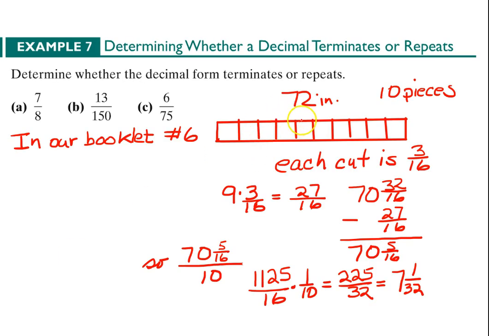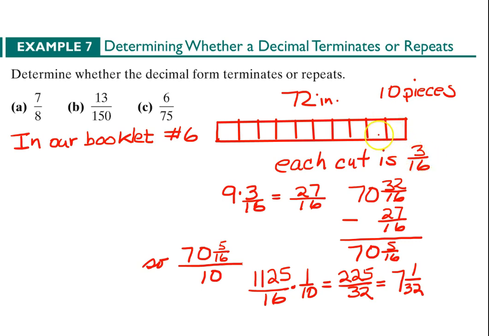Now, I do have a number 6 in the booklet, so I've kind of written it up here. We have a piece of wood that's 72 inches long, and we want to cut it into 10 pieces. So there's going to be 9 cuts. Each cut is 3/16, the width of the saw.